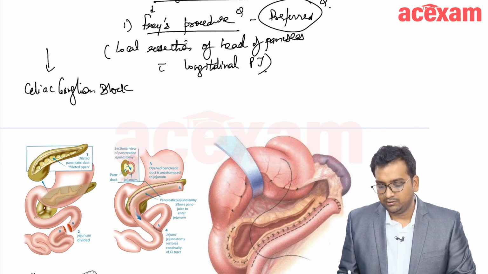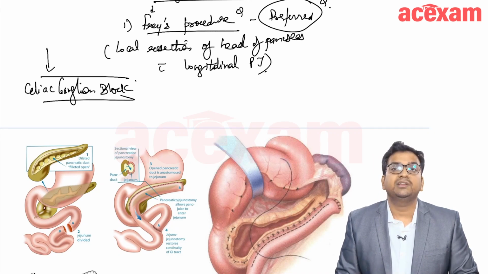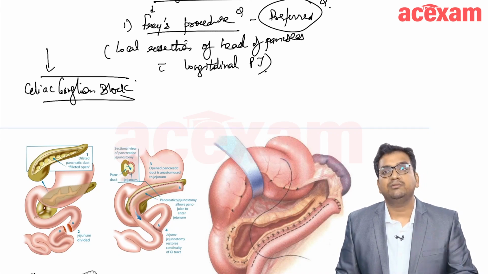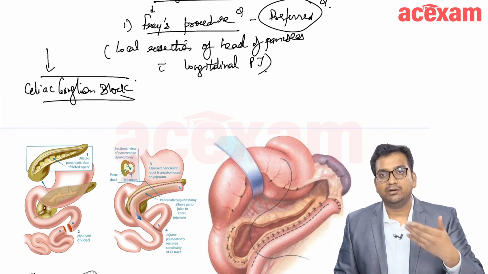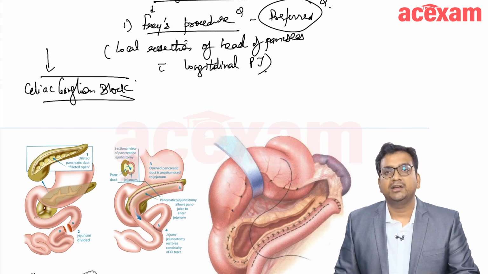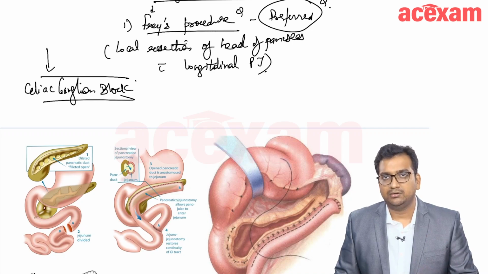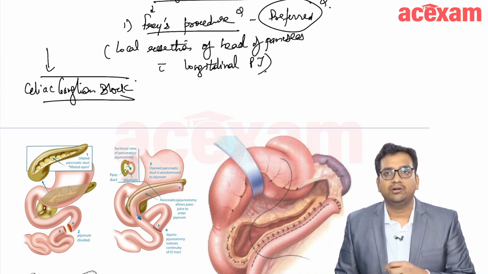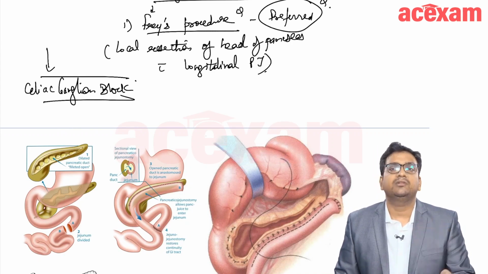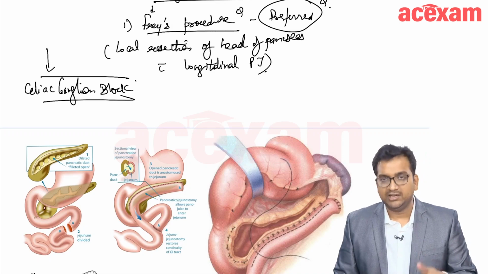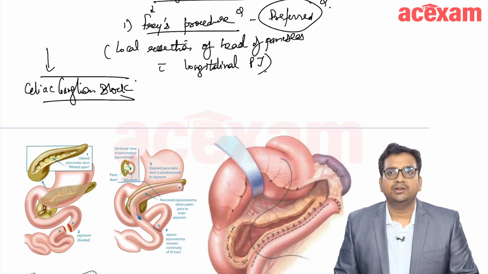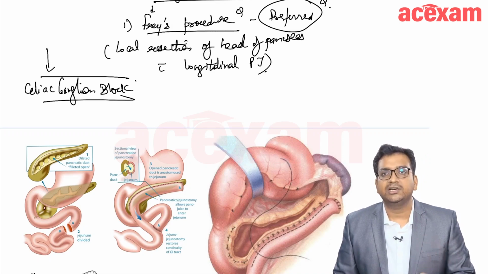Celiac ganglion block works on the principle that the pain is actually due to involvement of the peripancreatic nerves or the celiac ganglion, and we'll inject alcohol into the celiac ganglion, and this will resolve the pain. So celiac ganglion block helps in resolving the pain if the patient is not responding to surgery or is not a good surgical candidate.